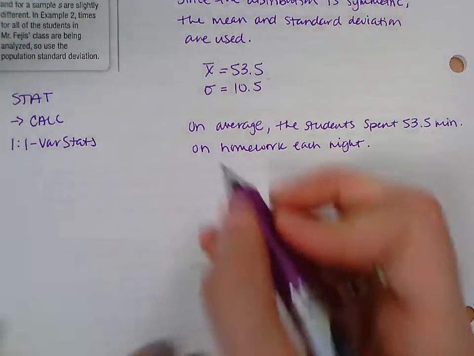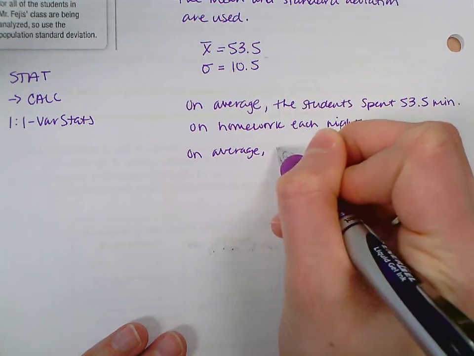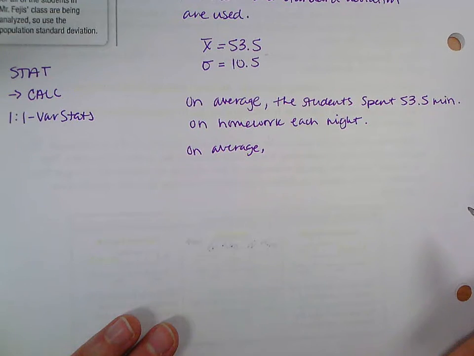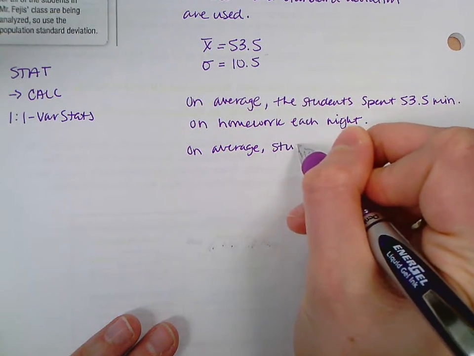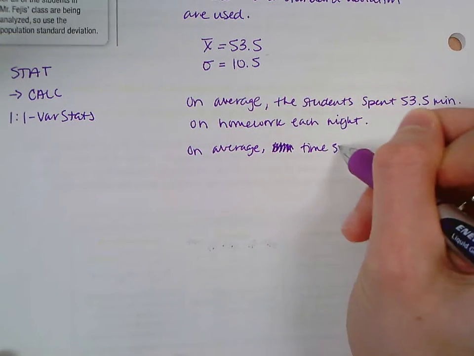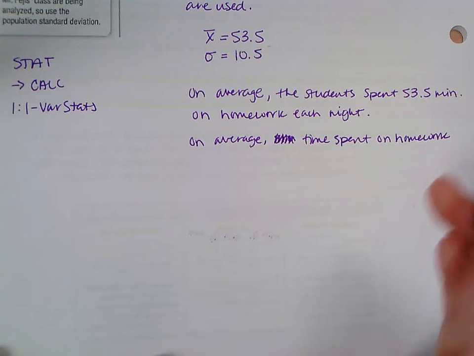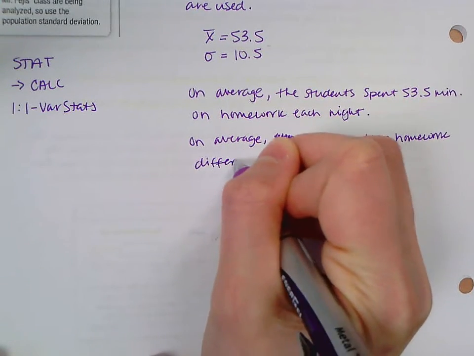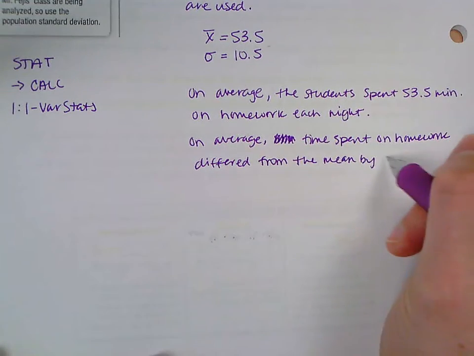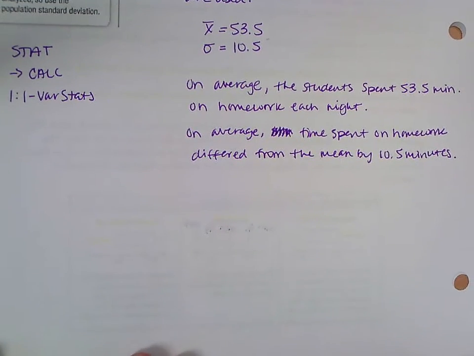So I'll explain this as on average, time spent on homework differed from the mean by 10.5 minutes. So that's the meaning of the standard deviation.